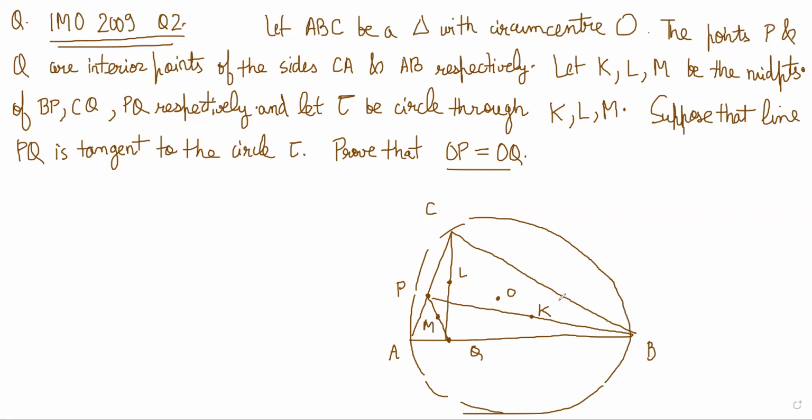Now we know there is a circle passing through K, L, M. This is called the tau circle. Line PQ is tangent to the circle, right? So if I draw a circle like this, it touches here, passes through K, passes through L, passes through M, but is tangent here.